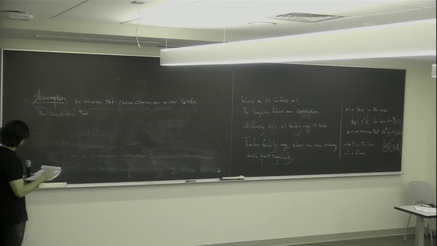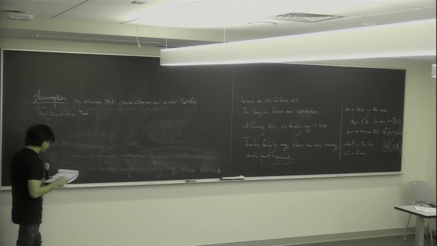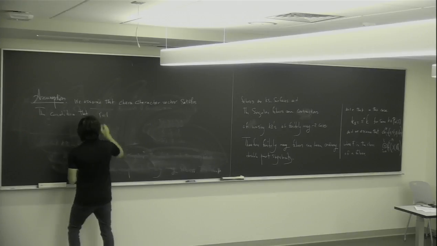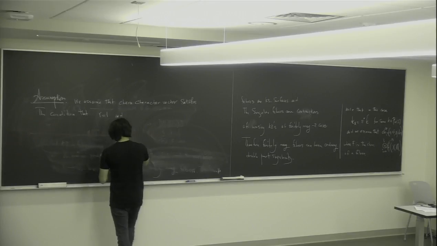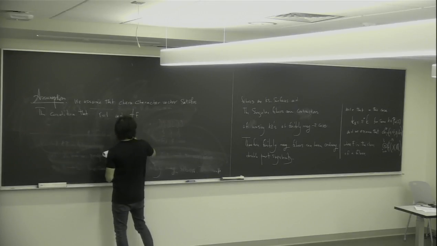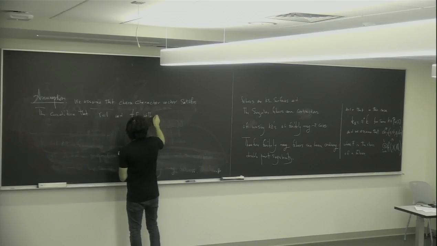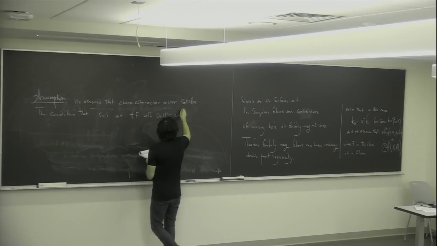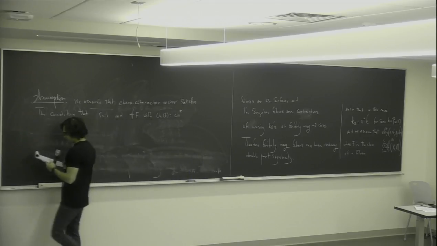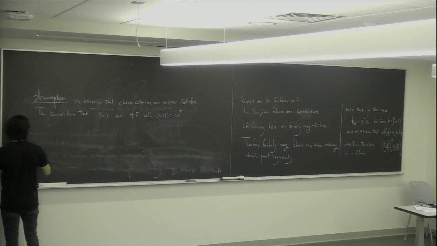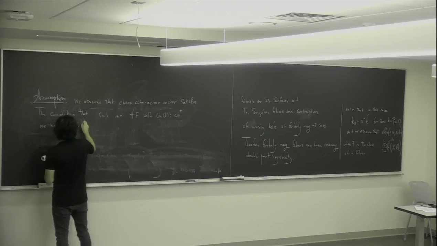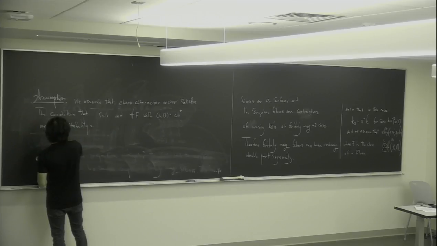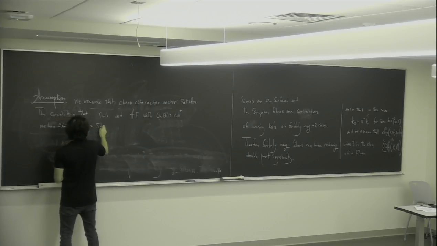So we can assume that the Chern character vector satisfies the condition that R is equal to 1 from now, and for all F with Chern of F equal to Chern of a star, we have that semi-stability is equal to stability.